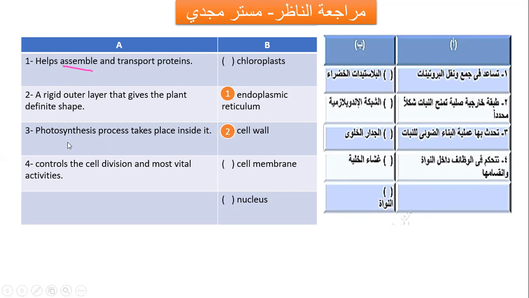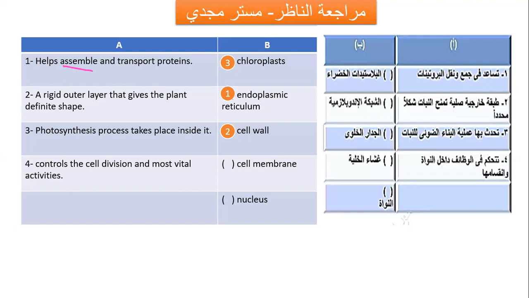Number three, photosynthesis process takes place inside it. So inside what organelle? Yes, we have just said it. Chloroplasts. Why? Because chloroplasts contain tiny granules called chlorophyll.